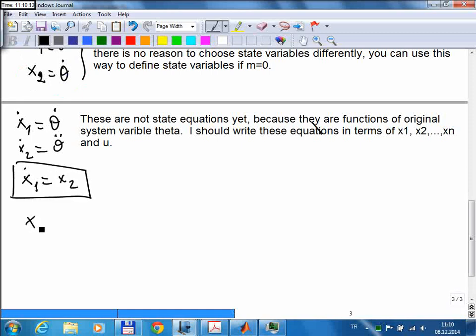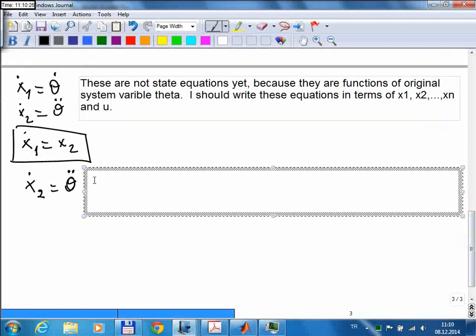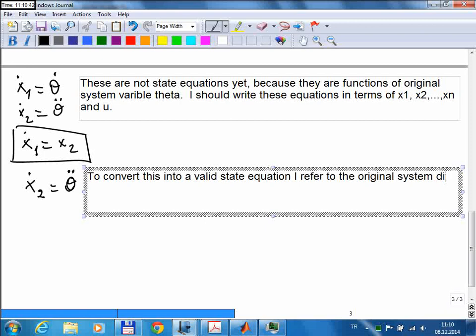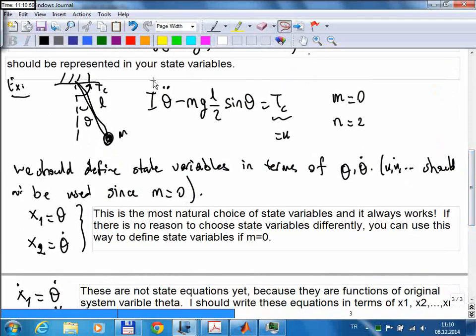The second equation is x2 dot is equal to theta double dot. To convert this into a valid state equation, I refer to the original equation, which was this equation.